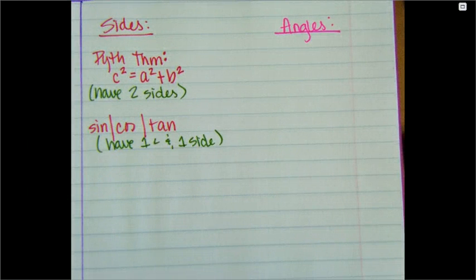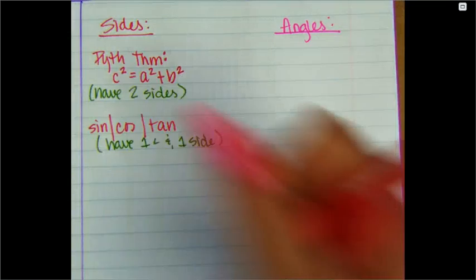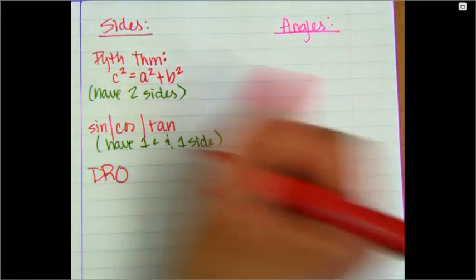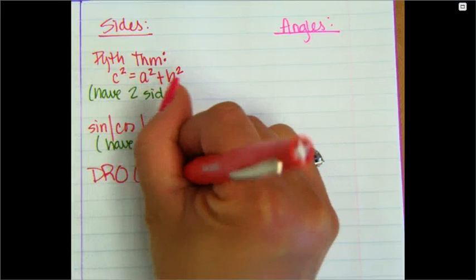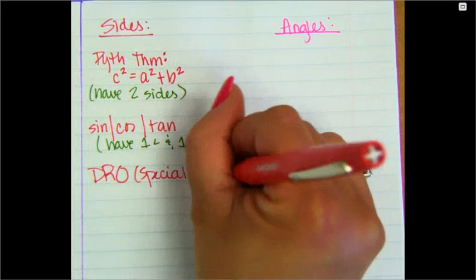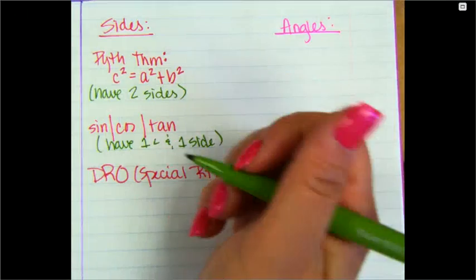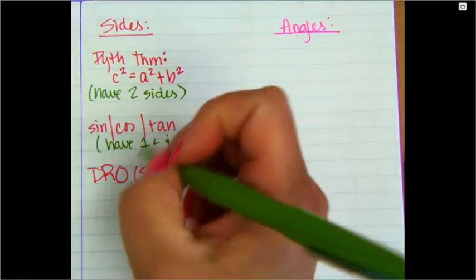30, 60, 45. What are those called? Special right triangles, which we also reference as degree, ratio, and opposite. So these are your special right triangles. For special right triangles, what do you need?